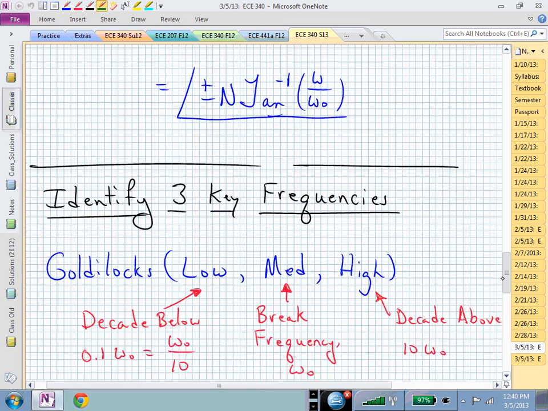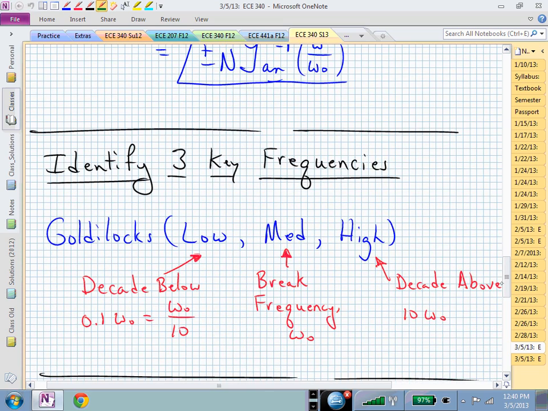If we're okay with that, now we can move into our nursery rhyme, or whatever it is, Goldilocks, and deal with these 3 critical frequencies and evaluate the magnitude and phase at those 3 values, which allows us then to sketch or figure out these straight line approximations for the linear factor.